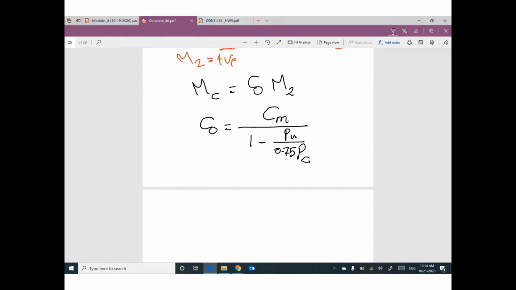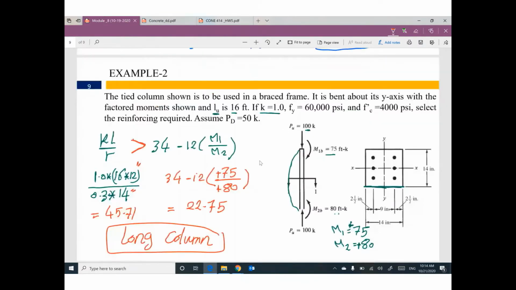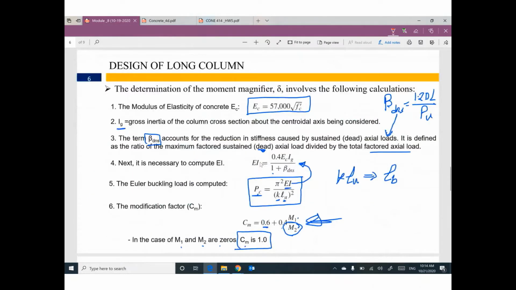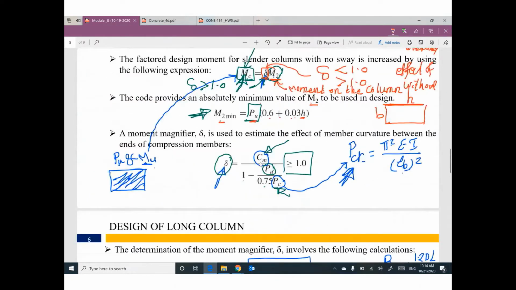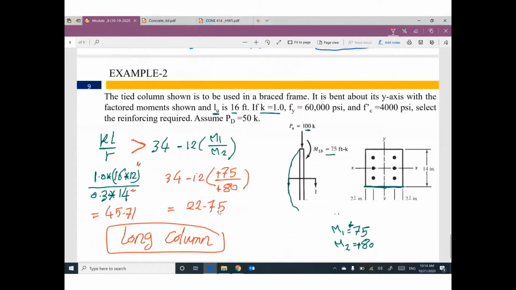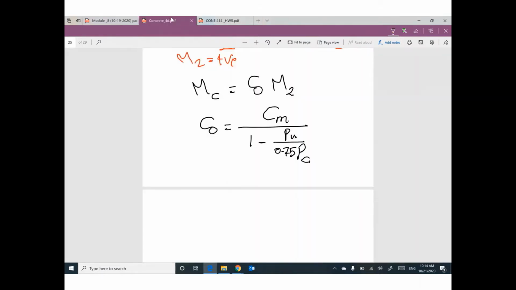Do you remember these steps? There you go. P ultimate is given as 100 kip. P ultimate equal 100 kip.